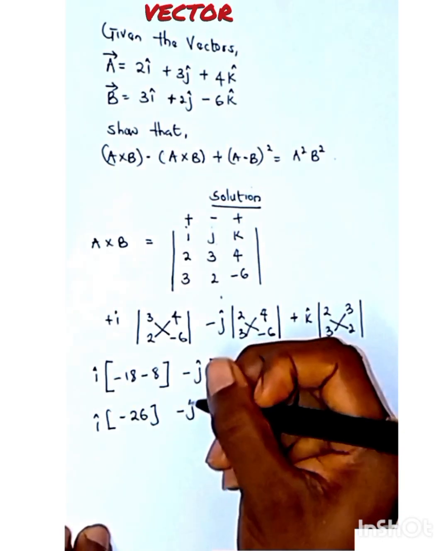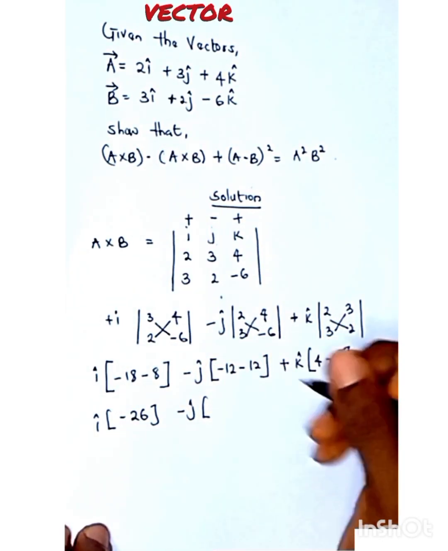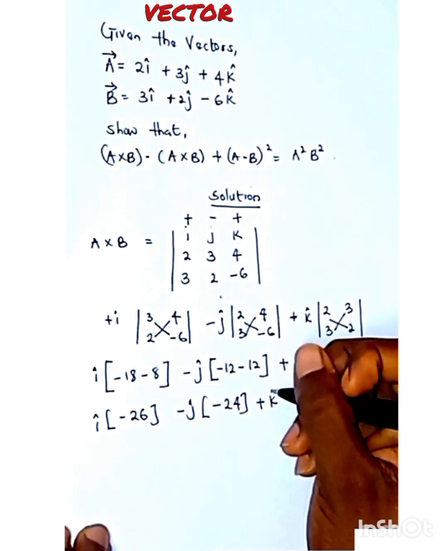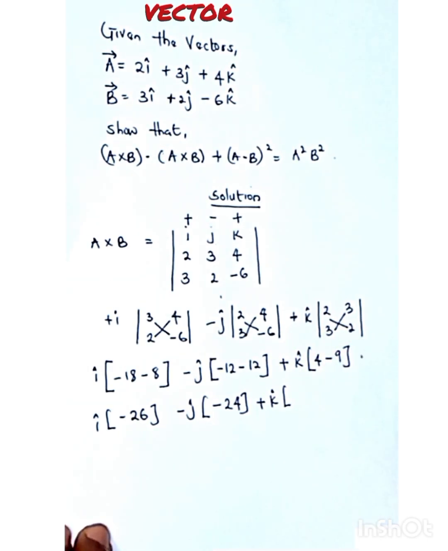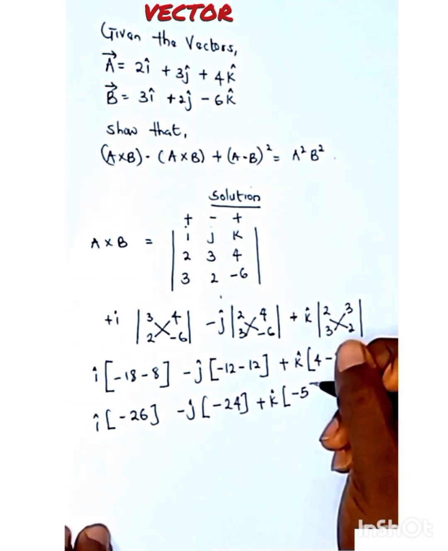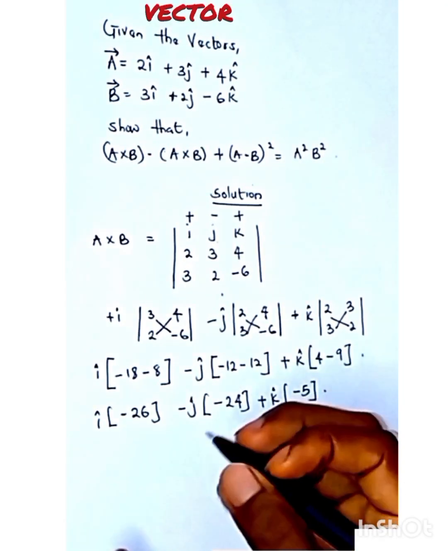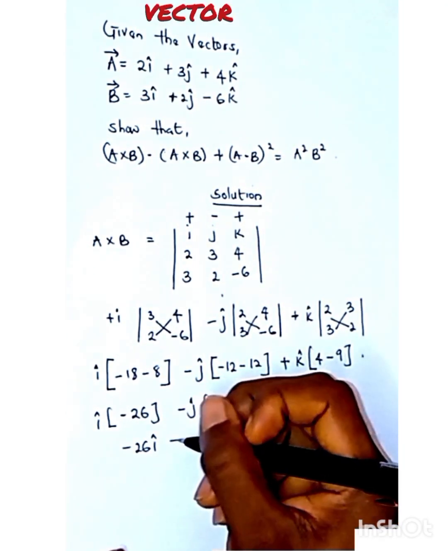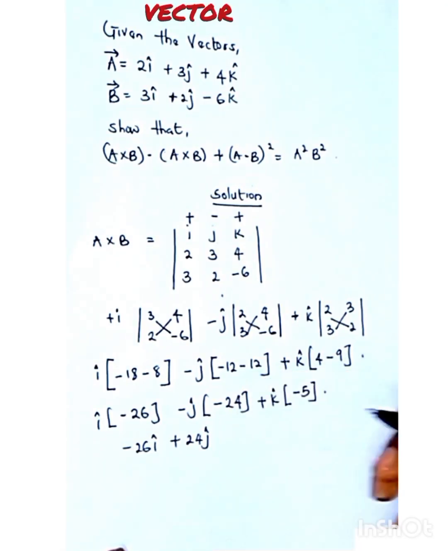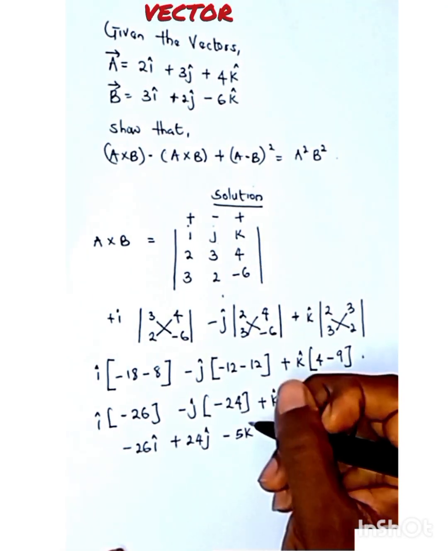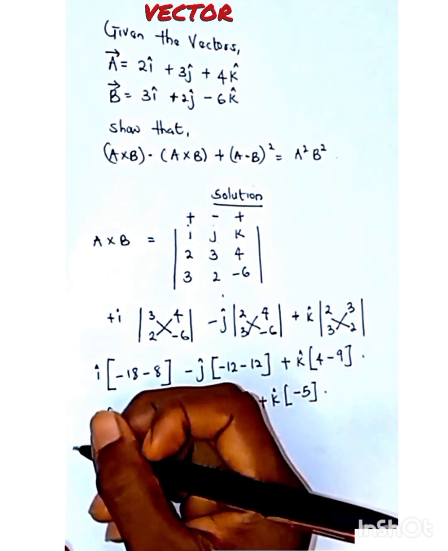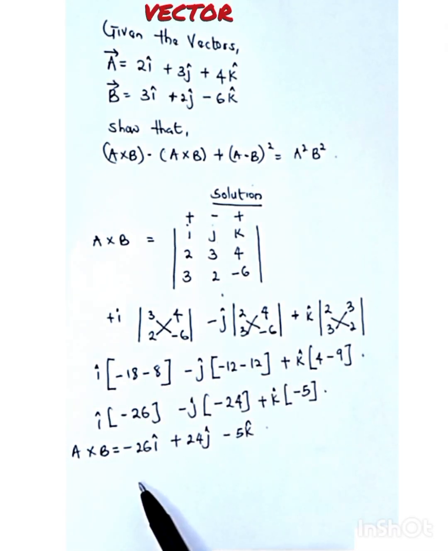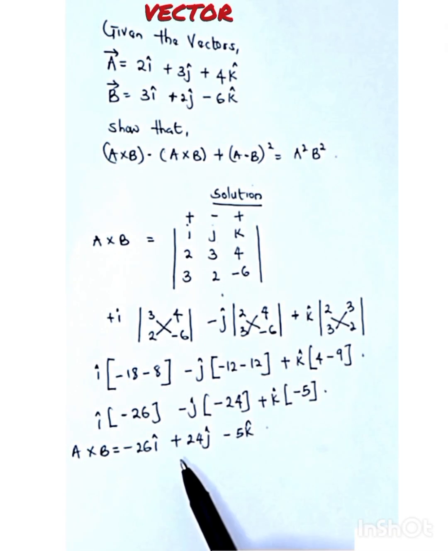Then minus j times minus 12 is plus 24. Then plus k, 4 minus 9 is minus 5. Then this becomes minus 26i plus 24j minus 5k. So this becomes the cross product of A and B. You see that it is also a vector.